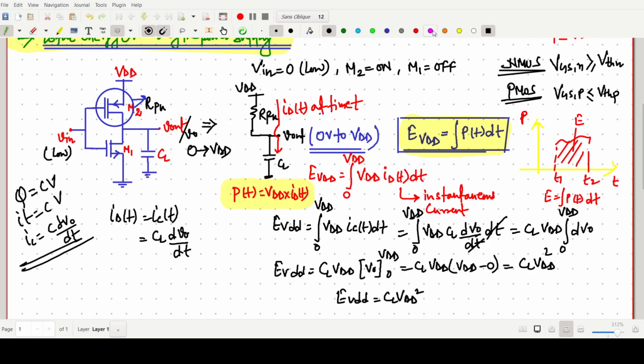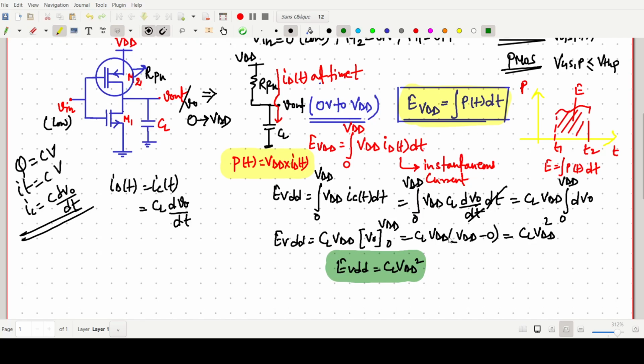So finally, what we can write, CL VDD square. This one is the total amount of energy drawn from the power supply. This power supply will give an energy CL VDD square.